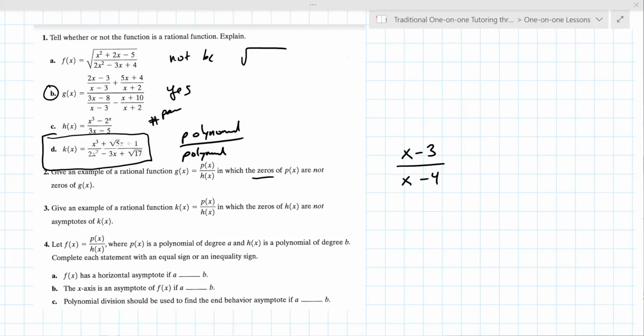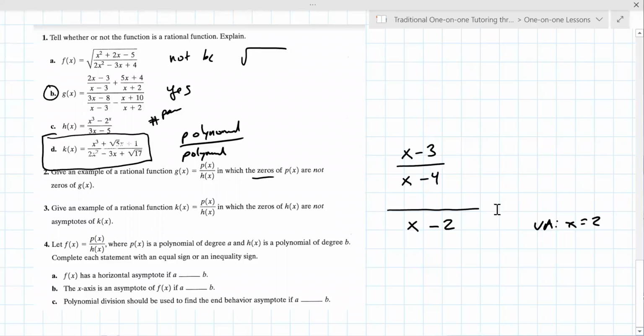Give an example of a rational function in which the zeros of h of x are not asymptotes of k of x. The point of this is that the asymptotes occur on the bottom. So you could say x minus 2 has a vertical asymptote at x equals 2. But the zeros of h of x are not asymptotes.